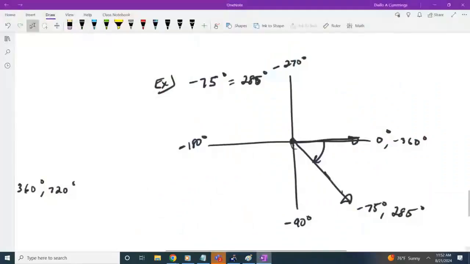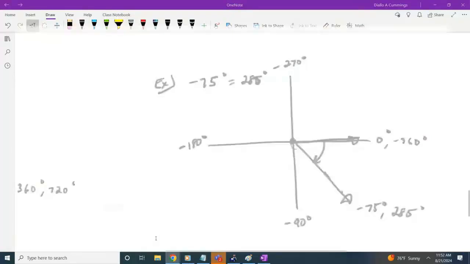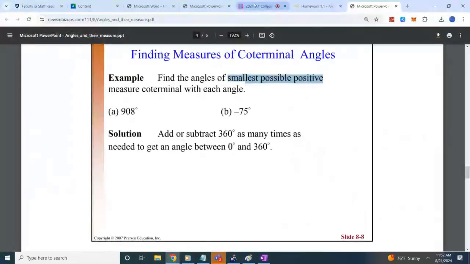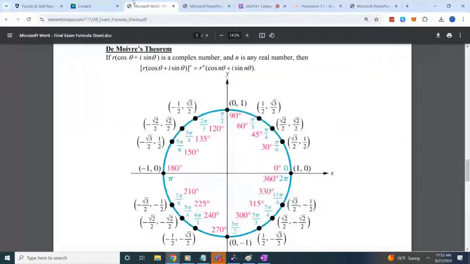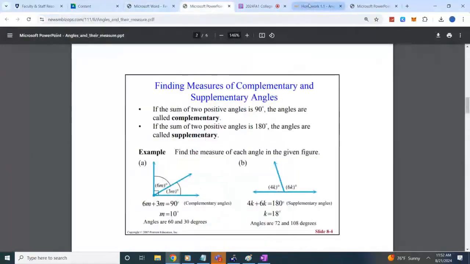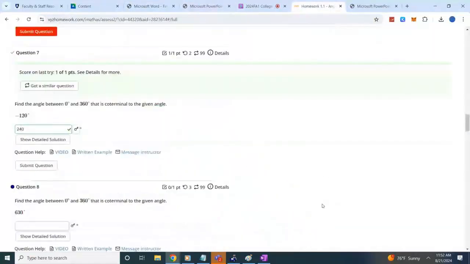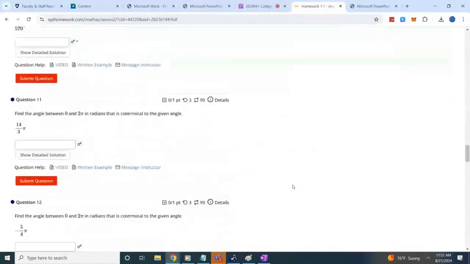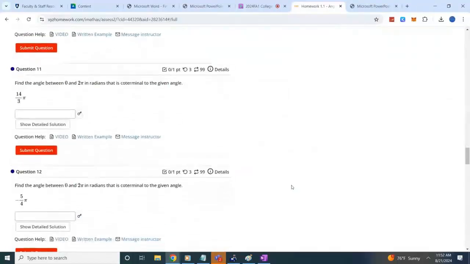Now, I believe in some of the homework problems, they use radian measure. Let me see if I can find one. For example, number 11. 11 says find the angle between 0 and 2 pi.